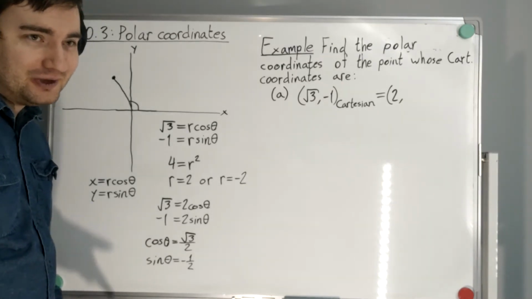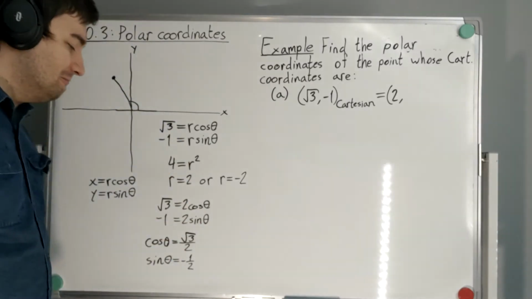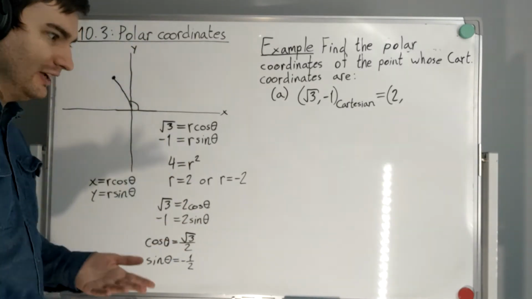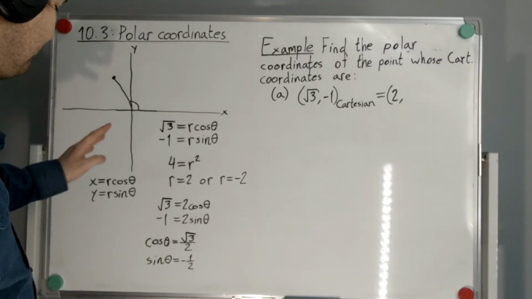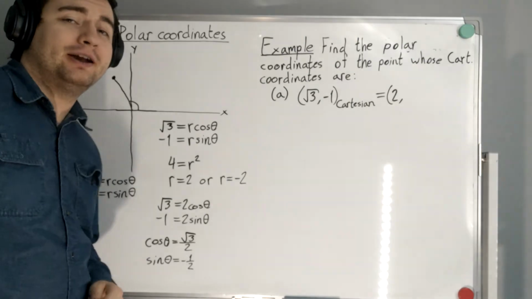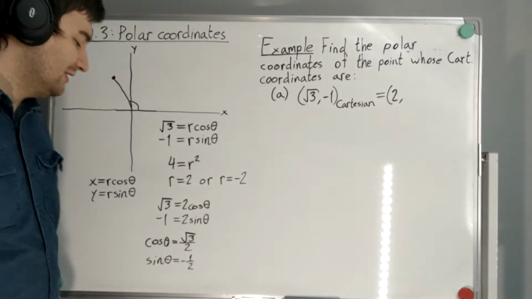All you need to do is find one and then add 2 pi to it, and then that gives you another, and then you add 2 pi to that, and so on. But let's just say we're trying to find an angle between 0 and 2 pi. I think that makes the most sense.